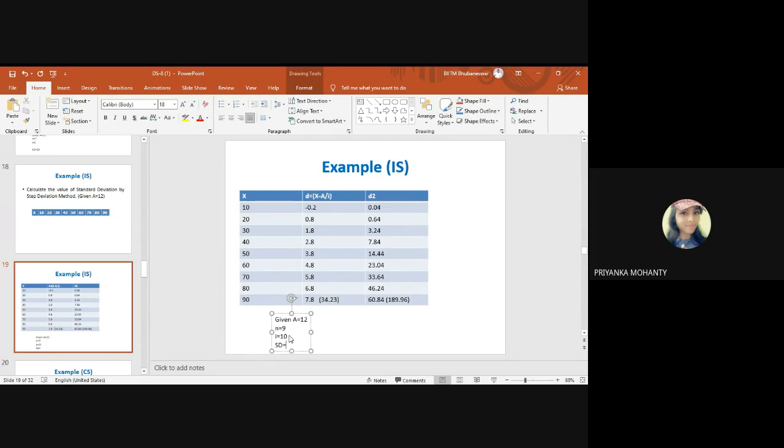Root of 189.96 divided by 9, which equals 21.10, minus the square of sum of D, 4.23 divided by 9 square.